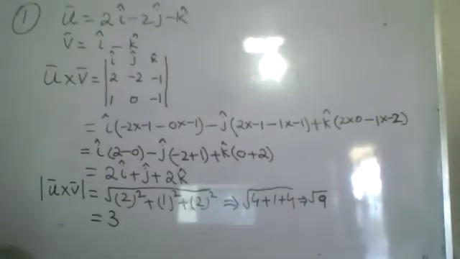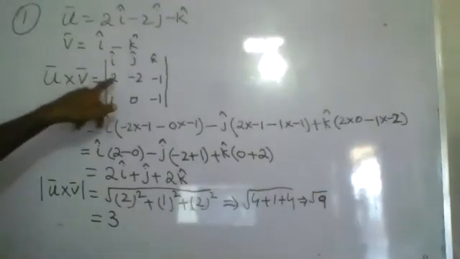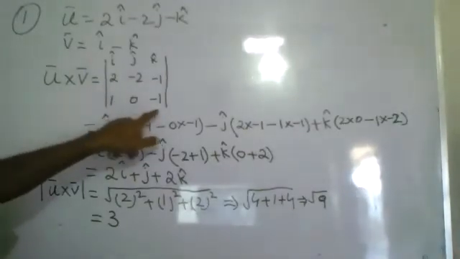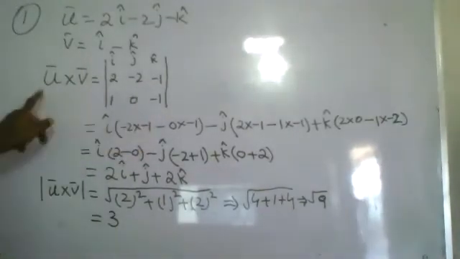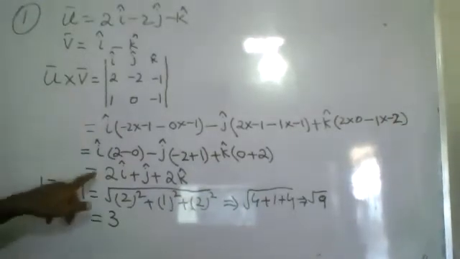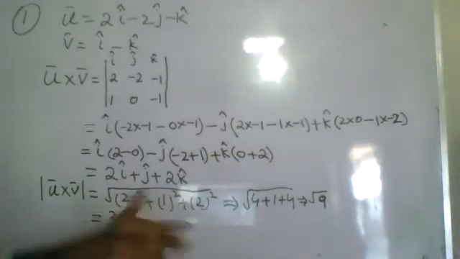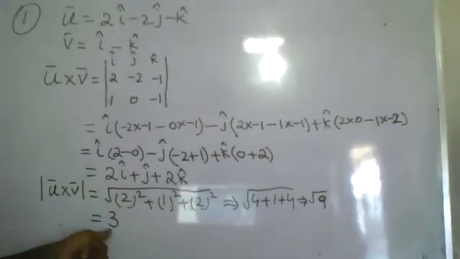In the same way, we will find v cross u. So for v cross u, the first row is ijk, the second row is v, and then u. When we take v cross u, the answer will be minus 2i, minus j, minus 2k. It will be the opposite vector with the same magnitude.